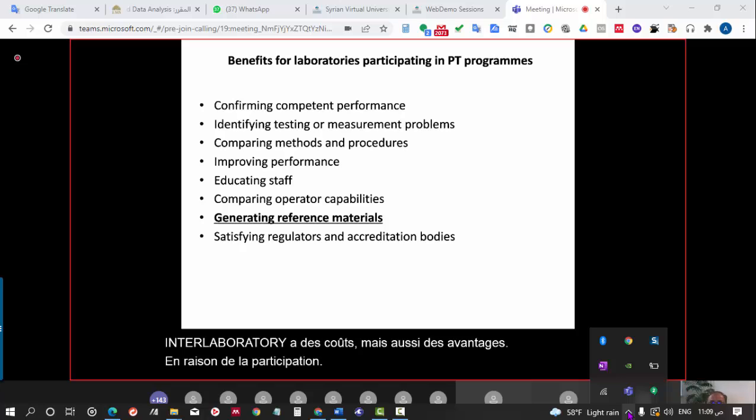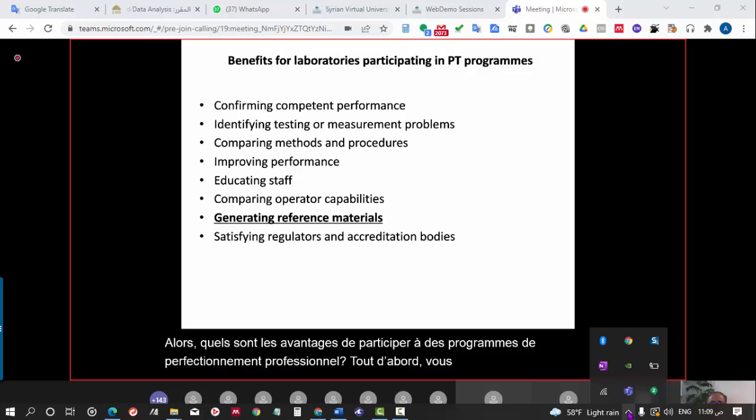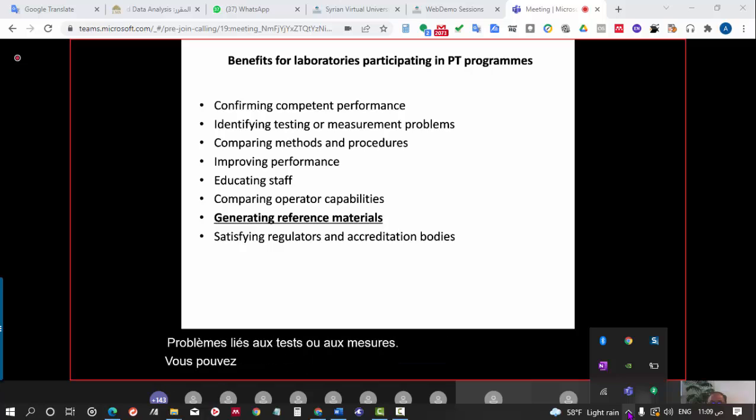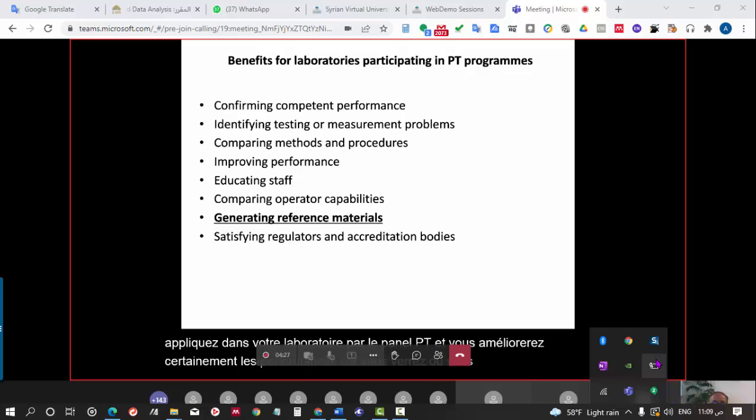So what are the benefits of participating in PT programs? First of all, you confirm your competent performance. Also, you can identify problems that are related to testing or measurement. You can compare different methods and procedures that you apply in your laboratory by the PT panel, and you will definitely improve performance because you will see where you can make improvement in your laboratory testing.